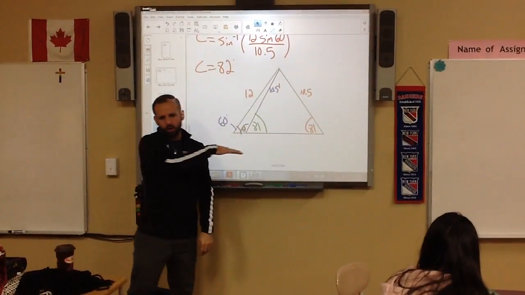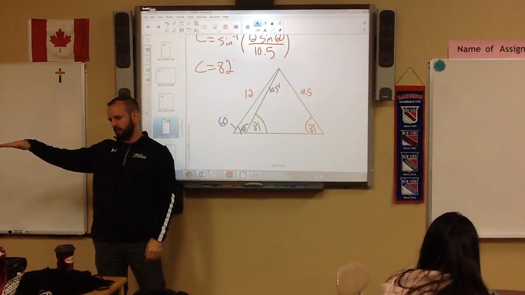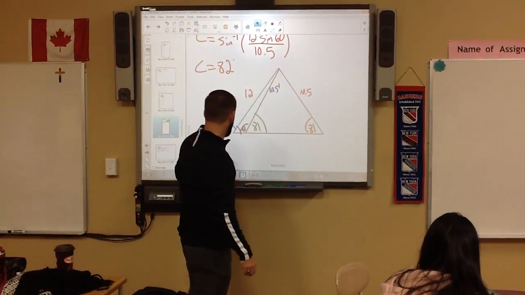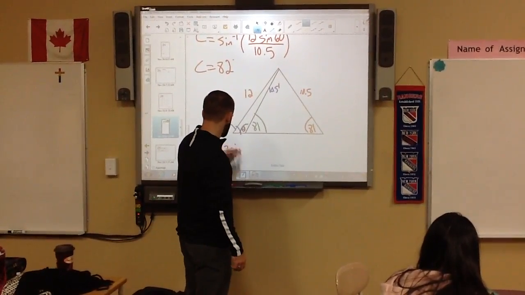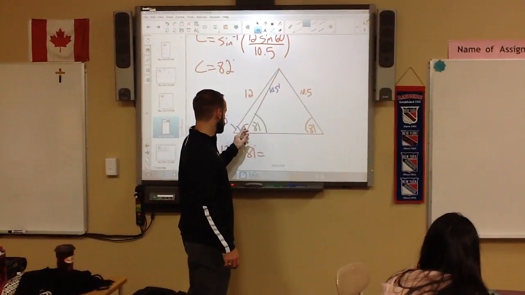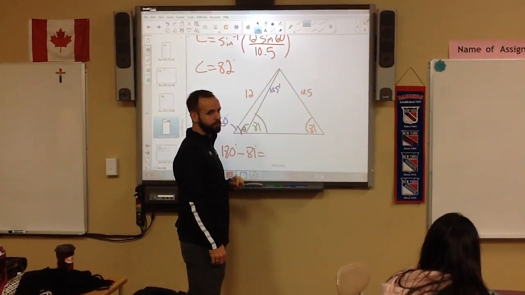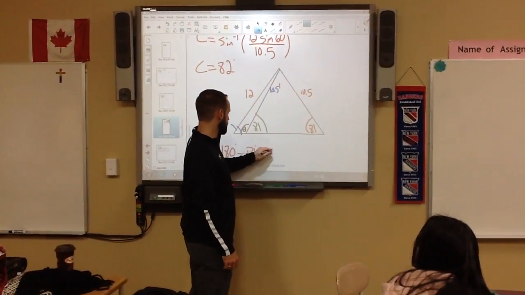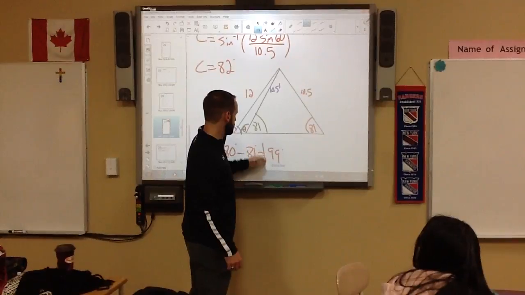What do I know about a straight line? What's the degree of a straight line? 180. If I know that I have 180 degrees total, and I have 81 as one part, could I not find that third angle? What's 180 minus 81? 99.